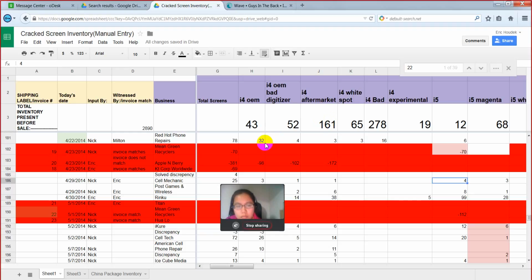So if we have 161 aftermarkets, the red means something is being sold and will have a negative amount. So if your question is, does it apply that all the stocks are sold? The way you would know that every bit of stock is sold is that you have red, there's negative, and the top number says 0. Does that make sense? Okay.